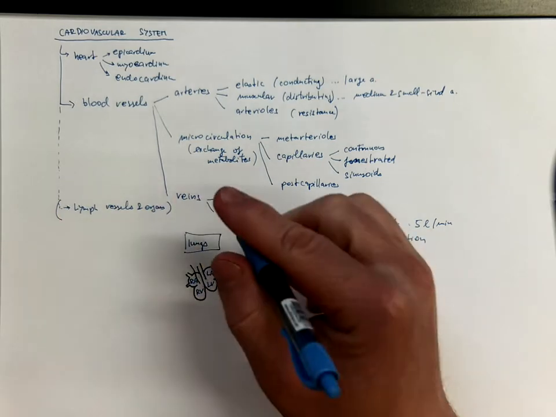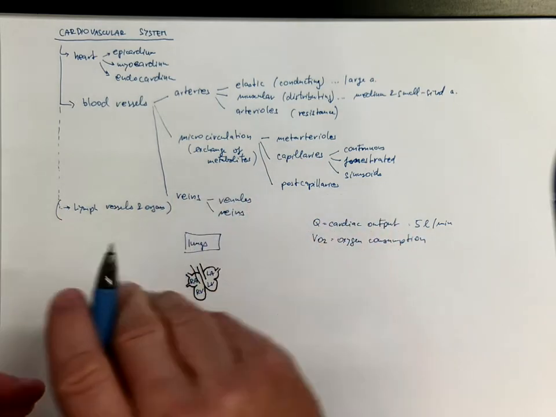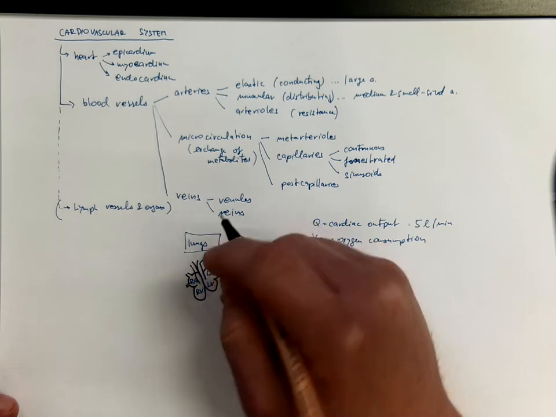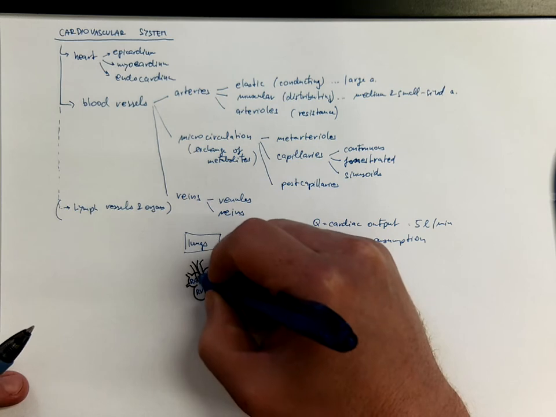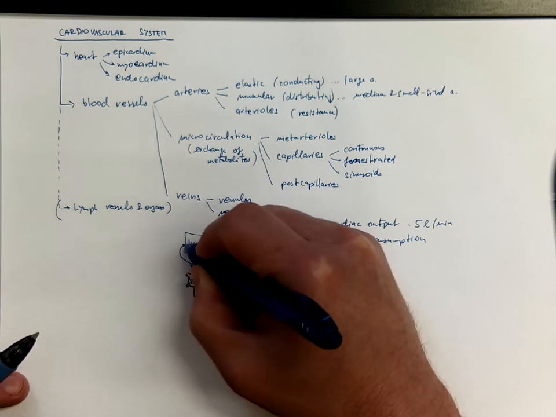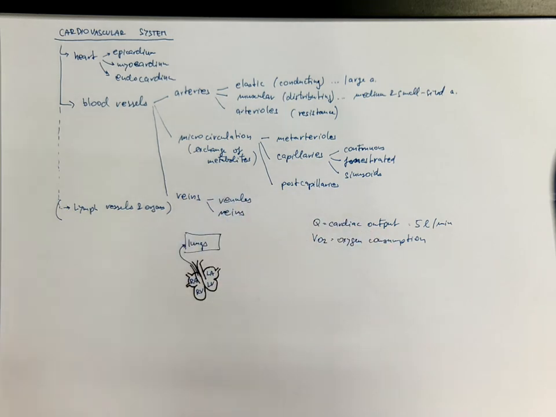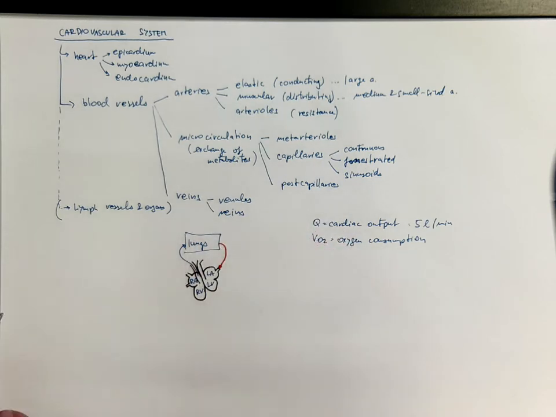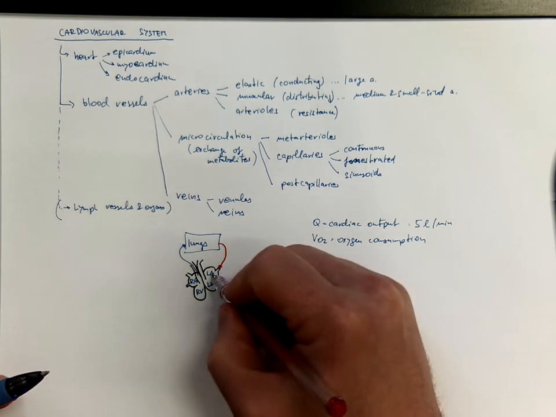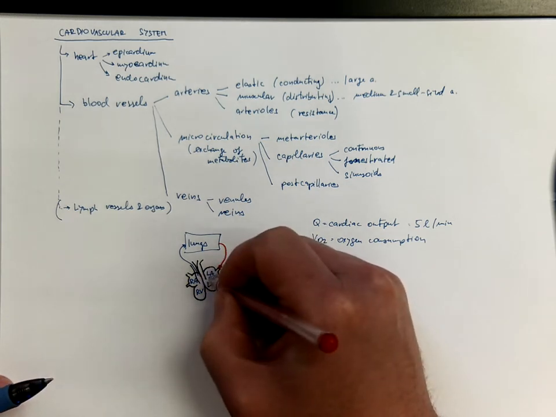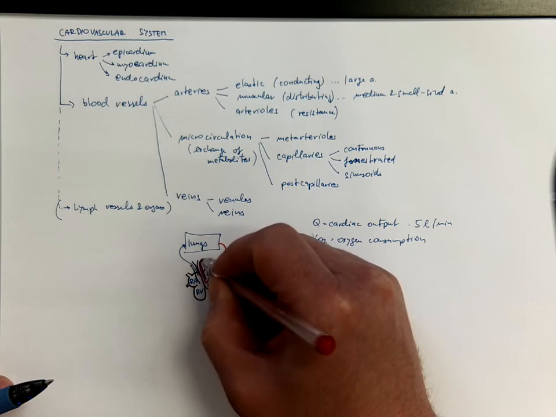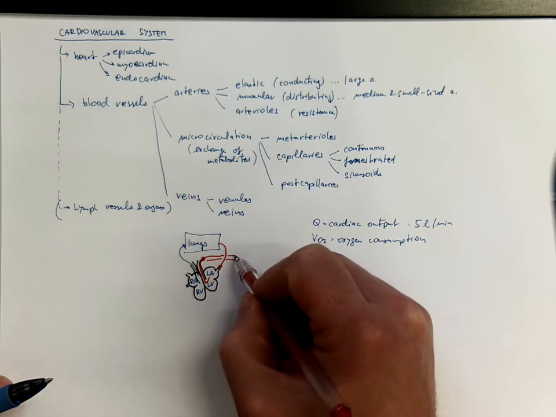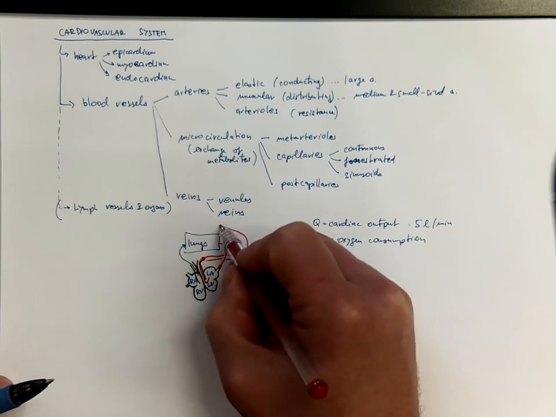The blood flows into the lungs from the pulmonary trunk, which comes from the right ventricle, and it returns into the left atrium via the pulmonary veins. From left atrium, the blood goes to left ventricle, and via the aorta leaves the heart, and it goes into the head and neck.